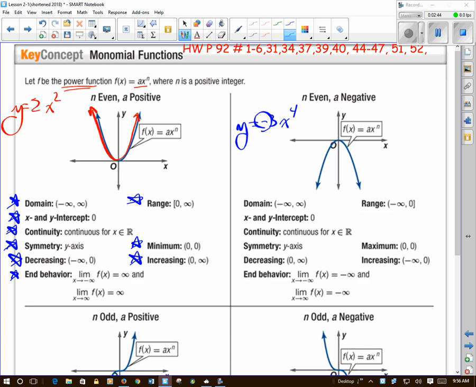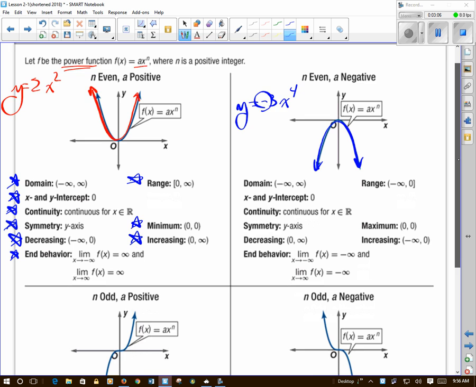So we have this graph now. And again, we can go through and just look at the domain, range, x and y intercepts, continuity. All of those things come very quickly and naturally from knowing the graph. So those are two monomials with an even exponent.